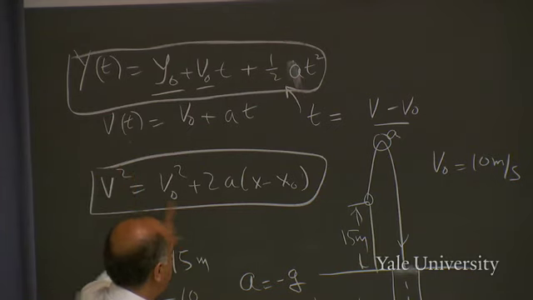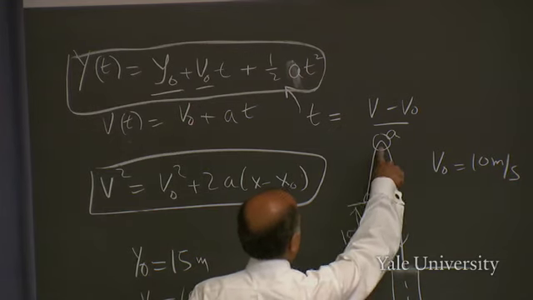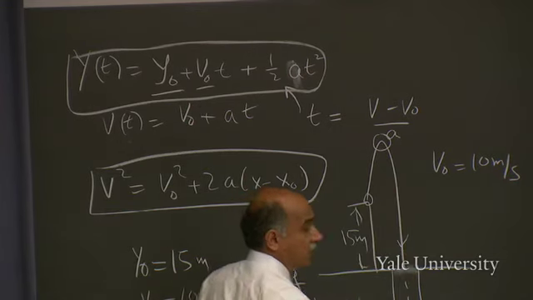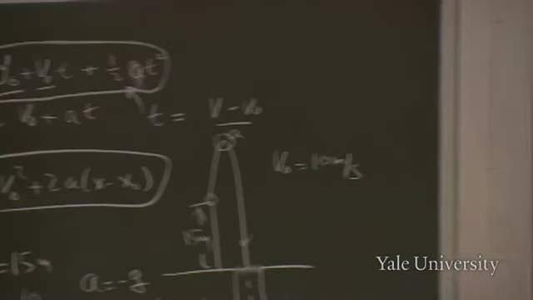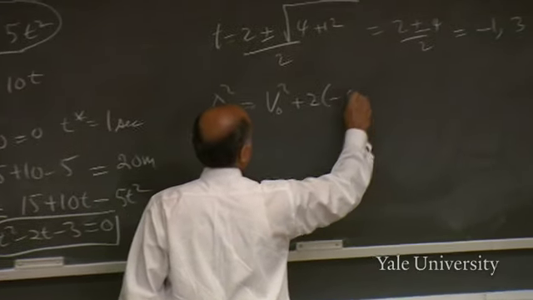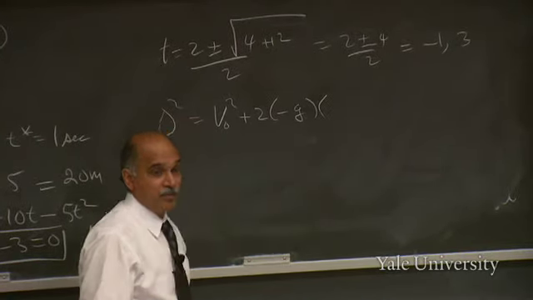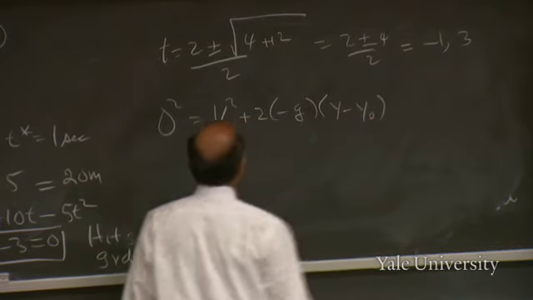So how do we get it here? Well, we say at the top of the loop, when it goes up and comes down, the velocity is 0. Therefore, you say 0 squared equals initial velocity squared plus 2 times minus g, that's my acceleration, times (y minus y0).